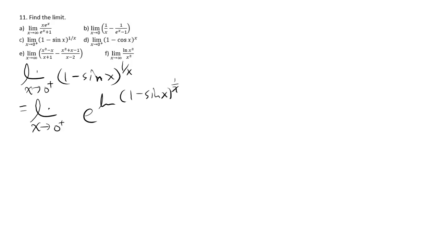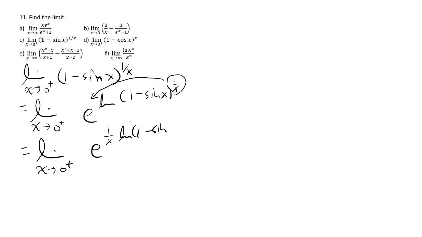Now, when you put it into this form, this exponent can be jumped over the log. That's a formula for logarithms. So you get 1 over x times ln of 1 minus sine of x. Now, since e is constant, the only thing that you have to figure out is the limit of this. So let's try to get that limit.